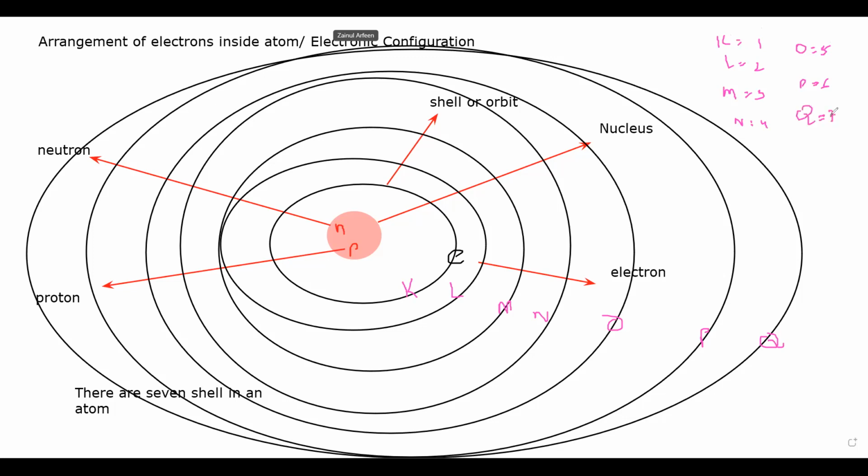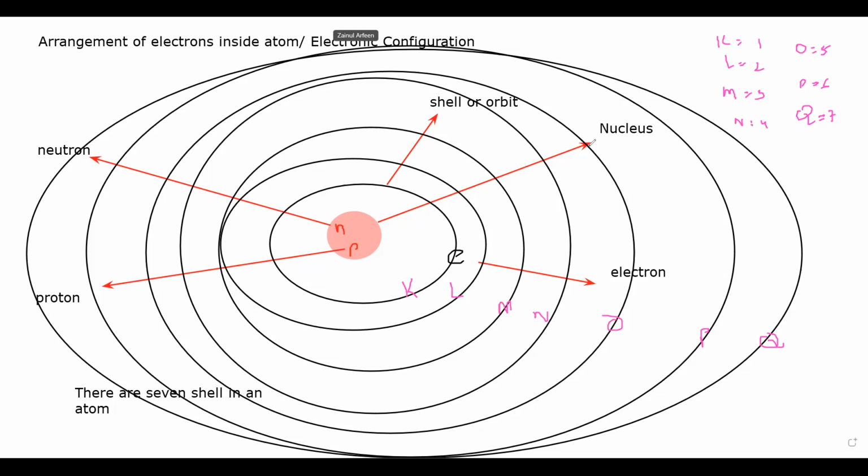So an atom has 7 shells or 7 orbits, named K, L, M, N, O, P, and Q. You may wonder why they are called K, L, and why they did not start with A, B, C, D. Because, as we discussed, the atomic mass is represented by A and the atomic number is represented by Z. So some letters are already used.